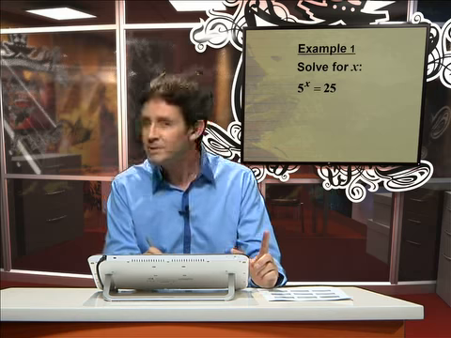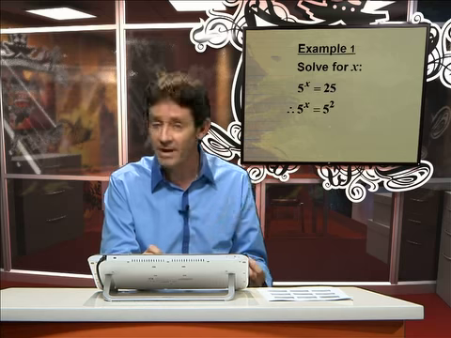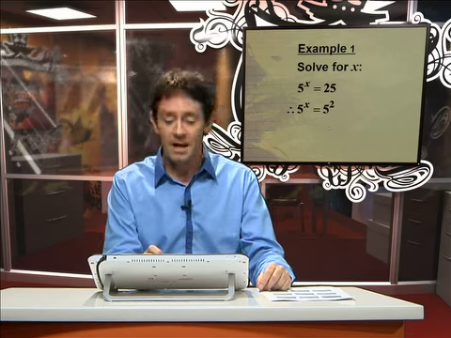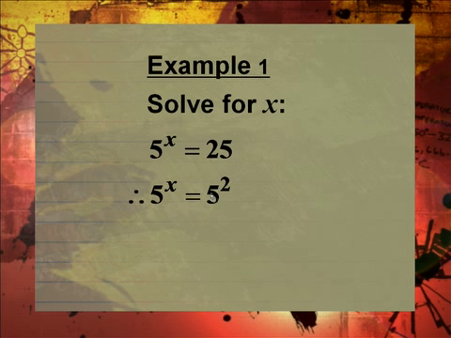But let's develop some techniques here. What do we know? If that's 5 to the x, 25 can be written as 5 squared. Remember, 5 squared is not 10, but 5 squared is 5 times 5, which is 25. Now watch this. We call these 5's bases. Notice there's a therefore and then the equal.